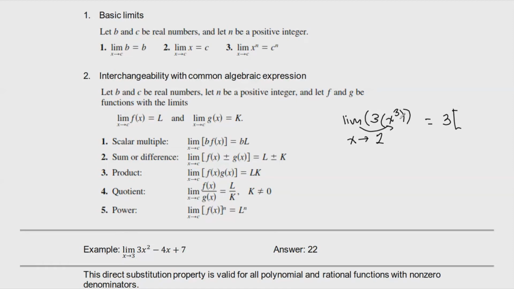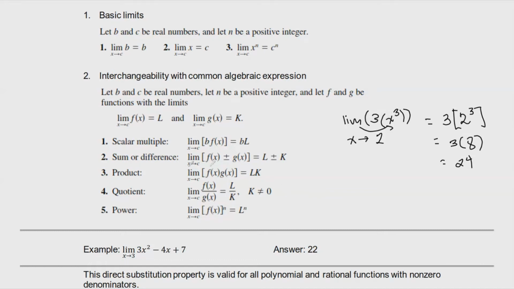That only means that we need to evaluate the limit of x cubed, substituting 2, so we get 2 cubed. So that is 3 times 8, so we get 24. Okay, so you can actually just never mind this b here. You just need to substitute 2 here and you will get the same answer.